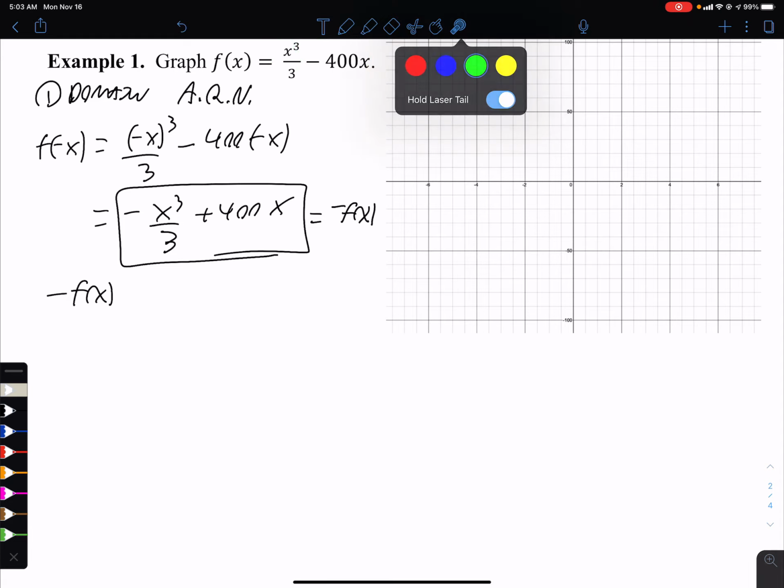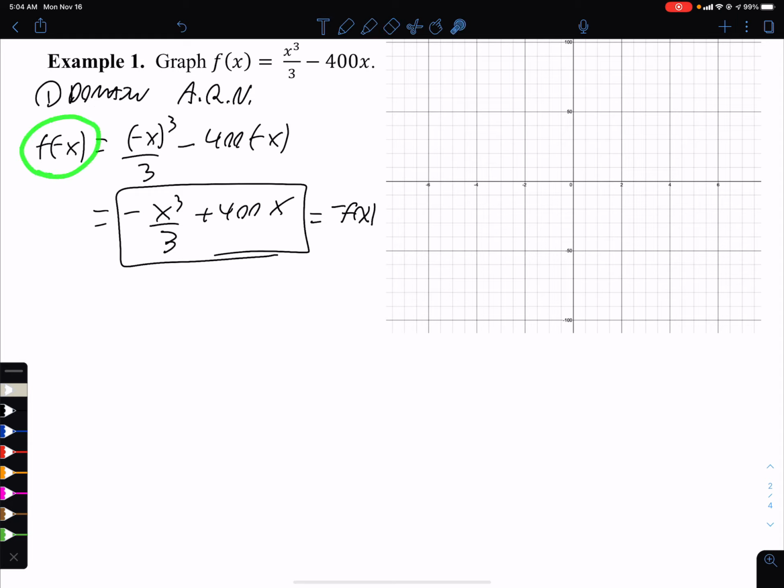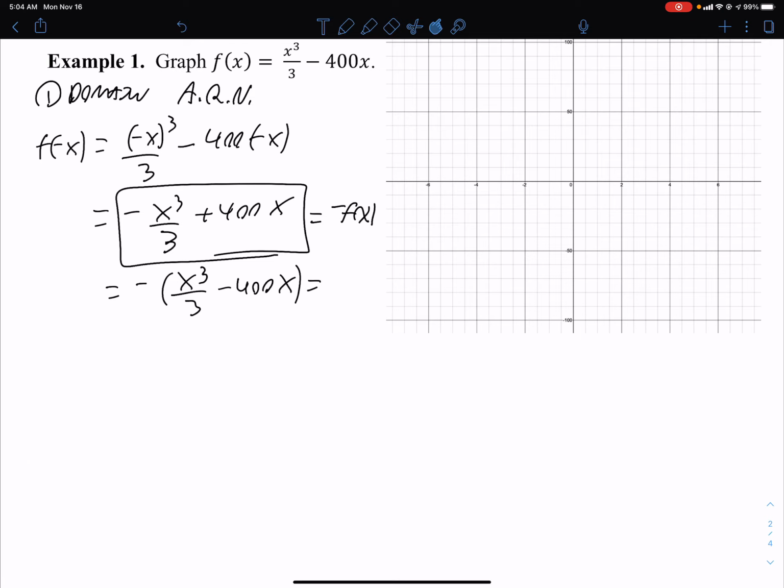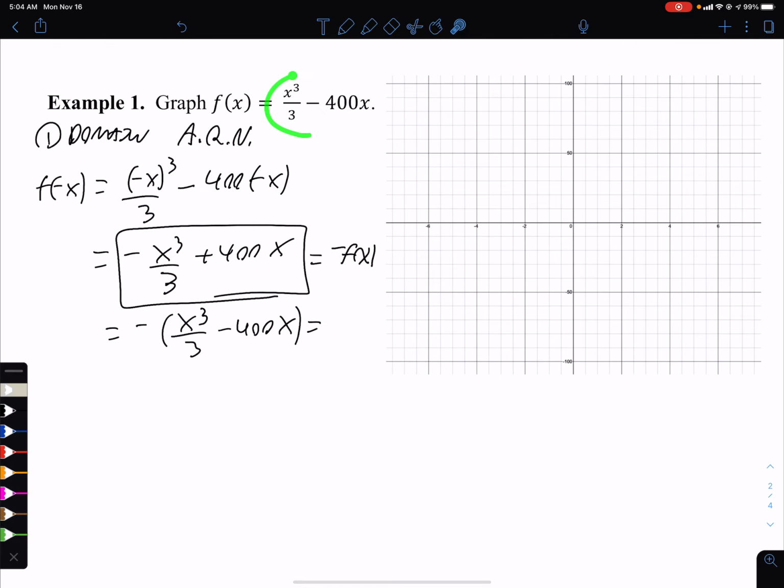So in this case, let me erase this. If you plug in a minus x into the original equation, it turns out that this is the opposite of the original. I'll show you why. Let me factor out a negative. You'll get x cubed over 3 minus 400x, which is that with a negative in front.